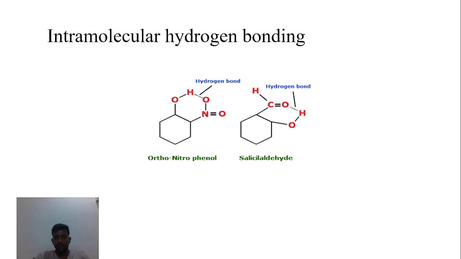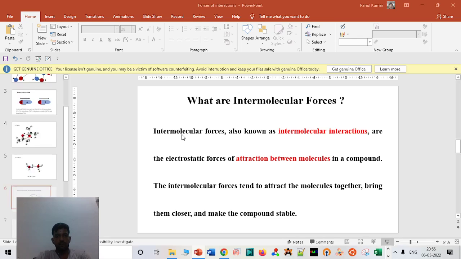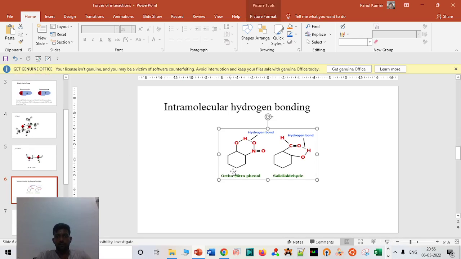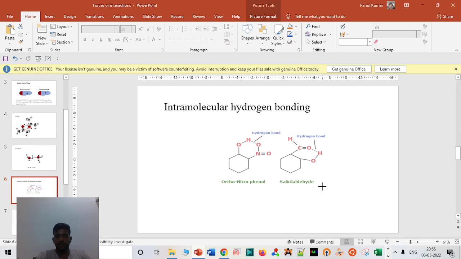But in some cases the positive and negative ends are present within one molecule, so they can get easily attracted, and examples are orthonitrophenol and salicylaldehyde. I think orthonitrophenol is not a phenol, but I hope you understand. But let me make one thing clear.